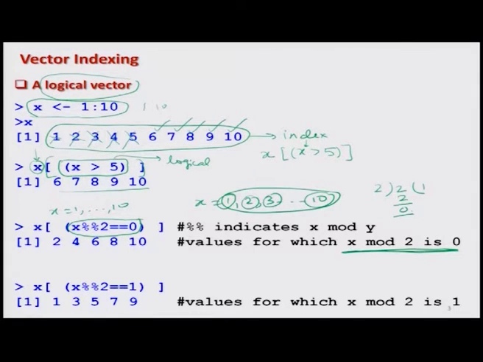Similarly, if I take 4 divided by 2, the remainder again comes out to be 0. So, 2 and 4 are the required values. And similarly, this operation goes over the other values 3, 4, 5, 6, 7, 8, 9, and wherever it gets the answer to be 0, it reports it here.